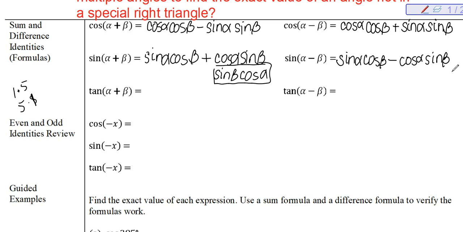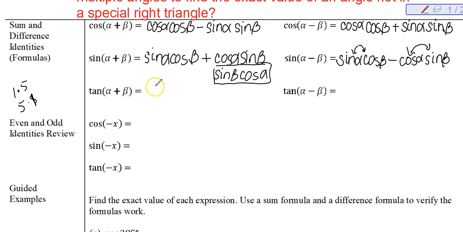I can flip these values around. Just remember that the combination sine times cosine, and sine times cosine is an expression of the sine of the sum or the difference of angles.